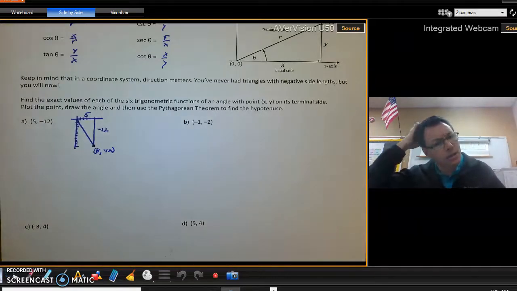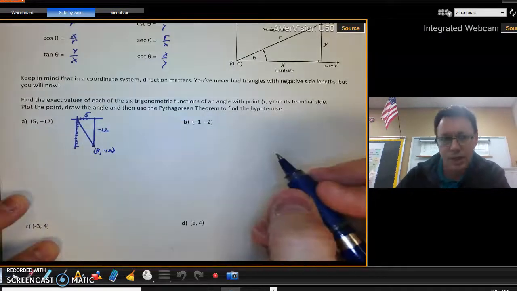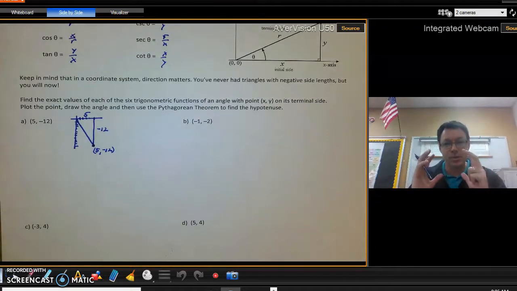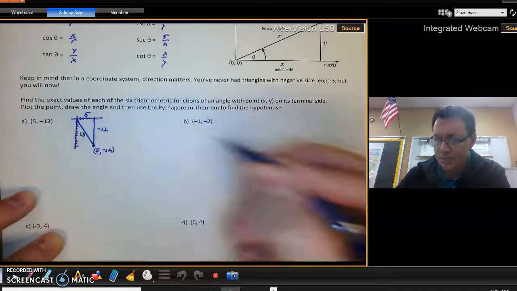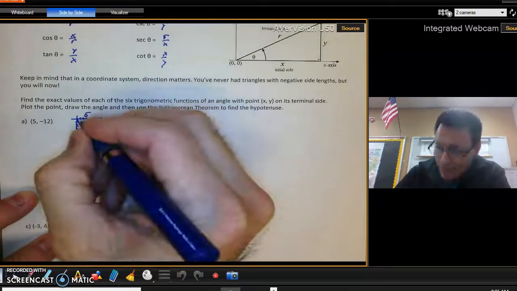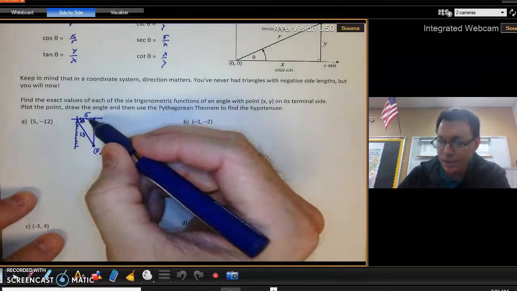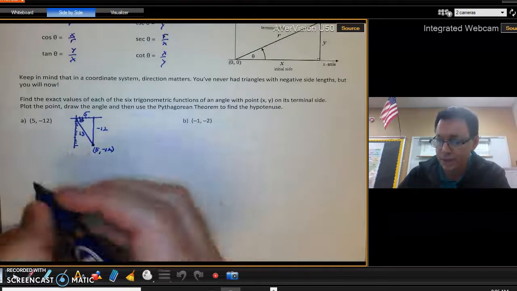And then, what would my hypotenuse be? Pythagorean theorem: put that in your calculator, 5 squared plus negative 12 squared. Make sure you put parentheses around the negative 12, and you're going to get 13. And here is my angle. Remember, my angle is always between the x-axis and the terminal side, or the hypotenuse.